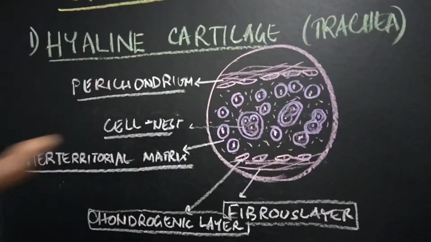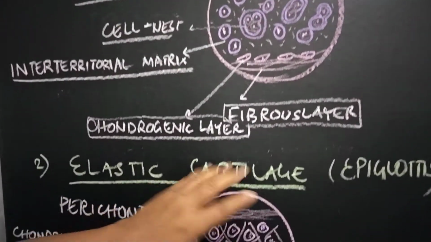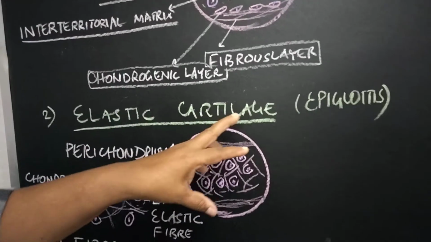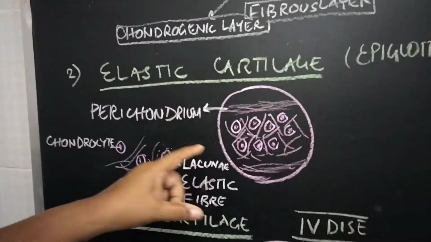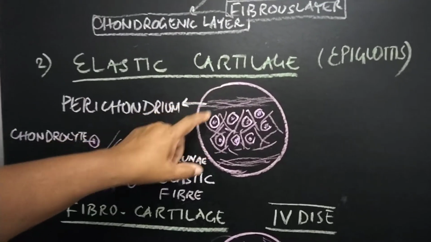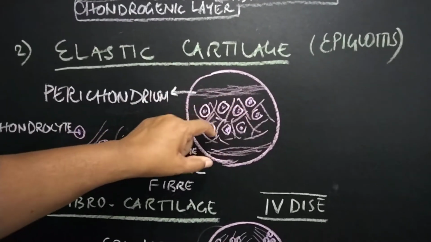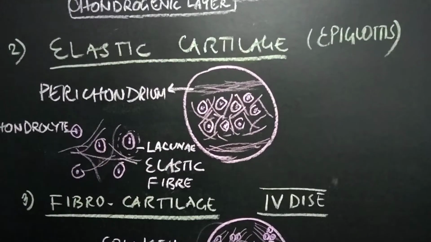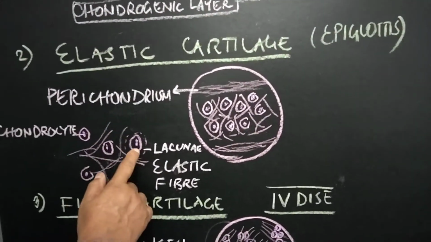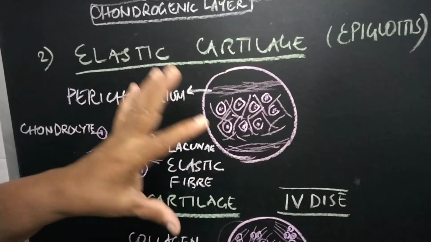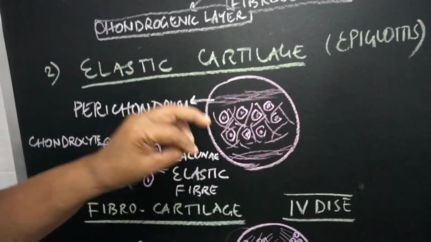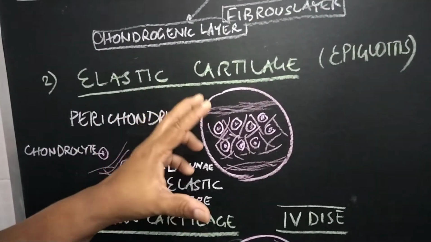so the cartilage cells persist throughout life, and that is called hyaline cartilage. Coming to the elastic cartilage, it is present in those places where flexibility or elasticity is needed. So this is the perichondrium, and these are the chondrocytes surrounded by the yellow elastic fibers, within lacunae. Examples are the epiglottis or the pinna of the external ear, where elasticity is needed.